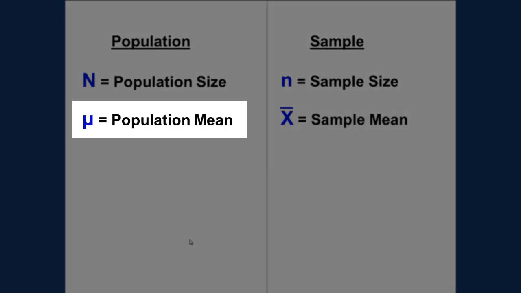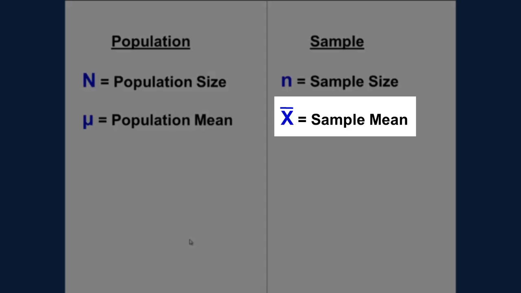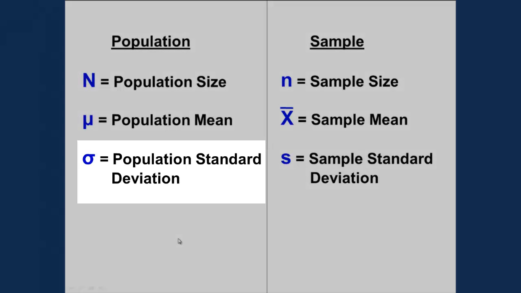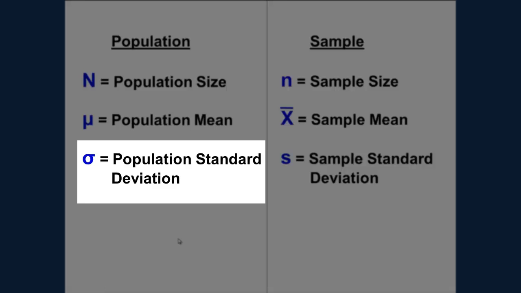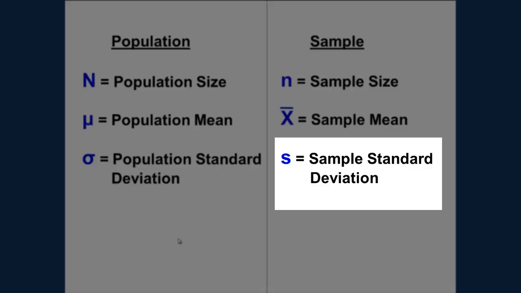Population mean is indicated by the Greek letter mu, and the sample mean is indicated by x with a bar over it, which we read, of course, as x bar. Sigma is the population standard deviation, and s is the sample standard deviation.